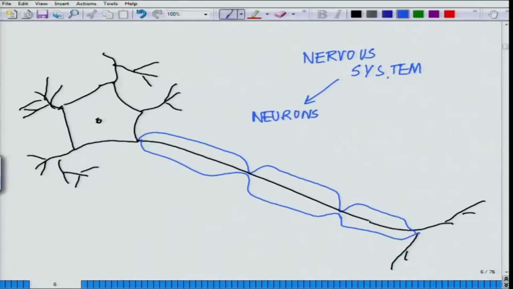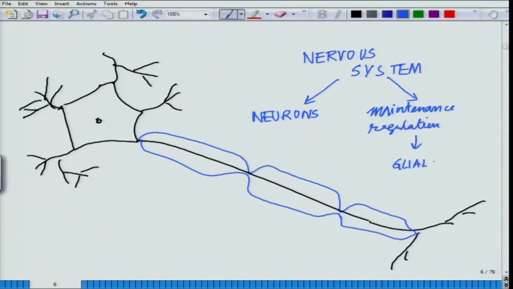The other one, which is involved in the maintenance and regulation, are called glial cells.